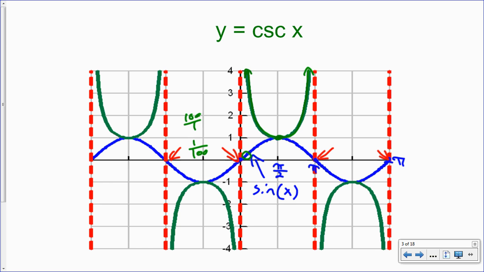So now you get really large values. And the same thing with some negative values over here. If you have negative 1 over 100 and you reciprocate it, you get values way down here that are going to be negative 100. So that's why you have these graphs that are going off seemingly to infinity, dealing with our range.